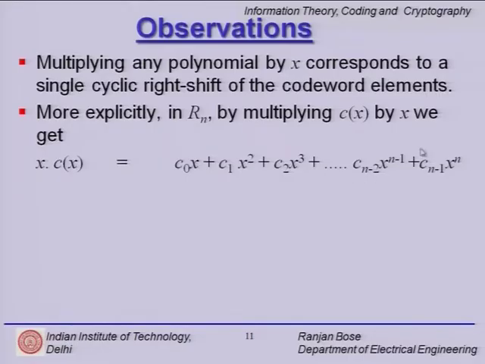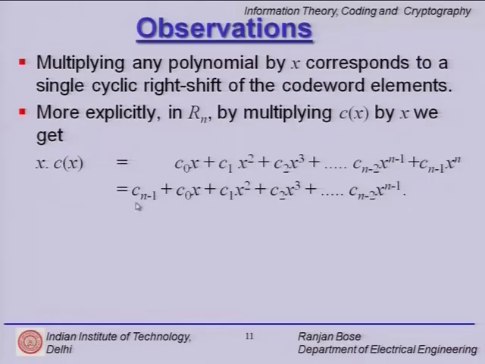So, in order to put this last coefficient in the front to make it a cyclic code, we have to take modulo x^n minus 1. So, just the operation of taking this polynomial and dividing it by x^n minus 1, I simply get this Cn minus 1 in the front, and my cyclic shift operation is complete.